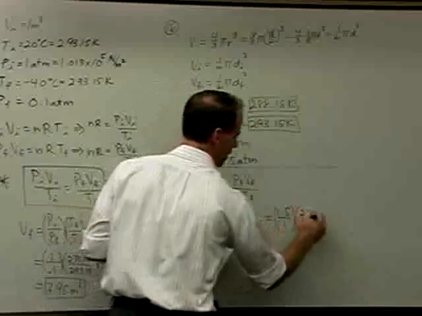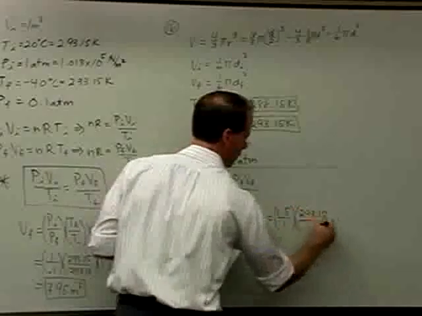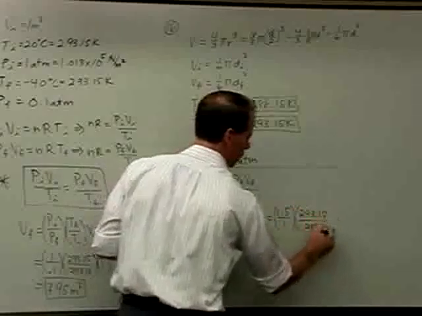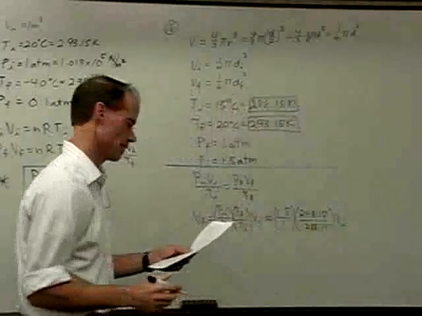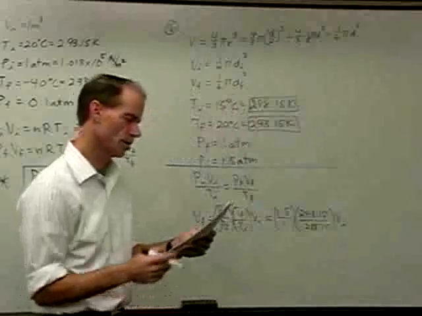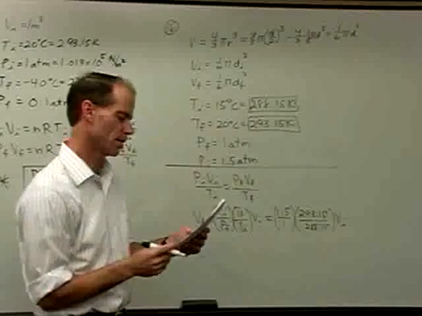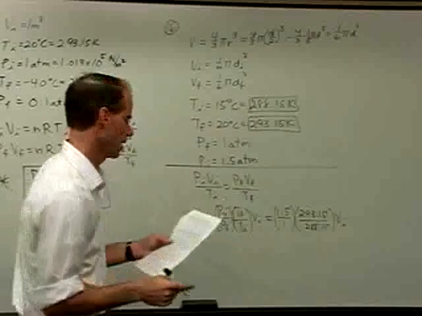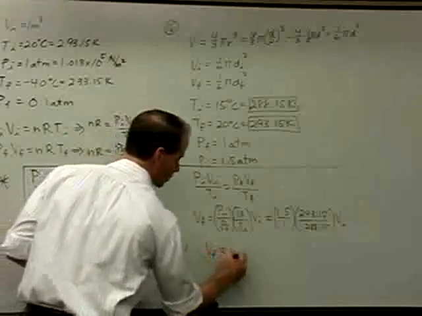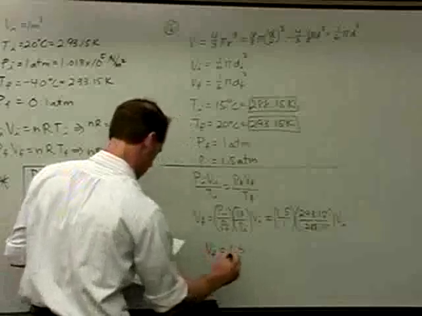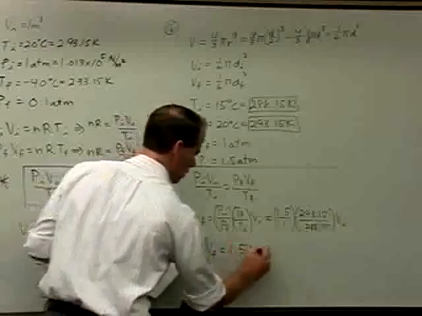Final temperature, 293.15 over 288.15 times initial volume. And that number comes out to be 1.526. So we have final volume equals 1.526 times initial volume.